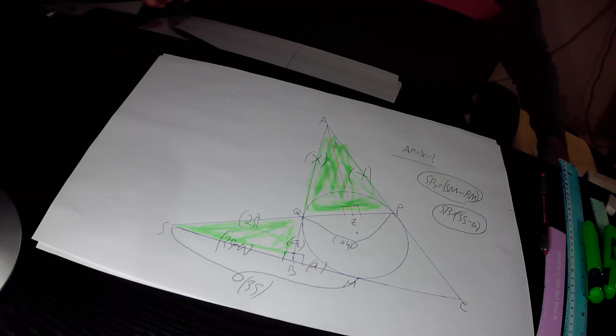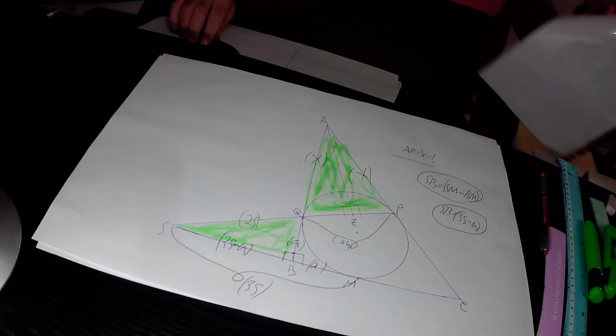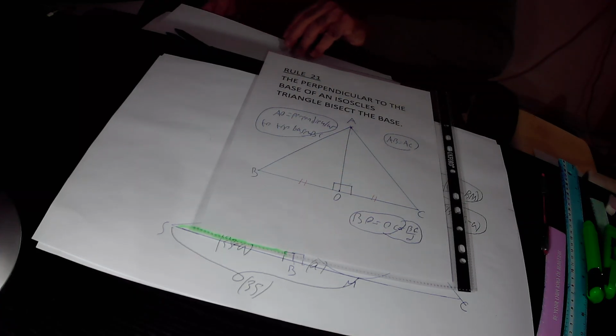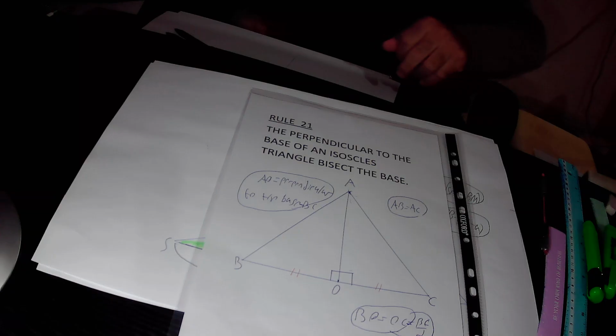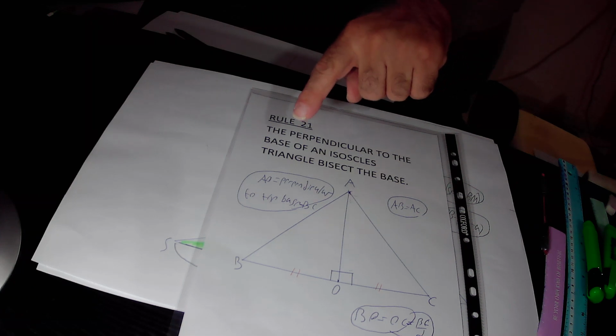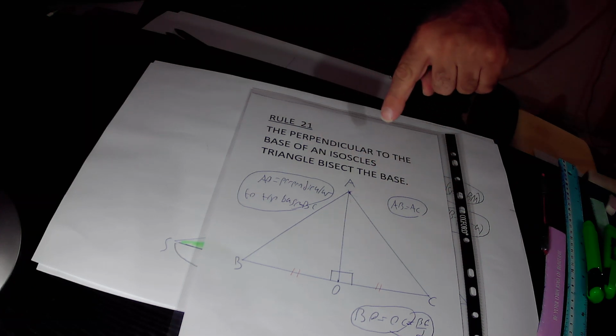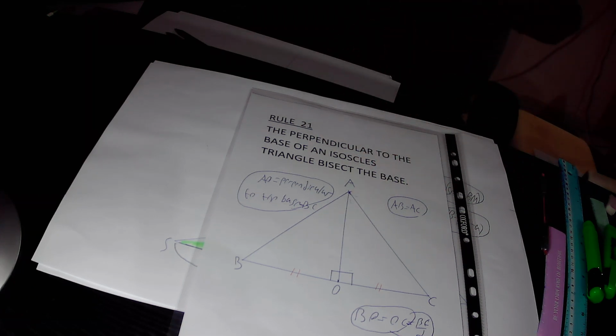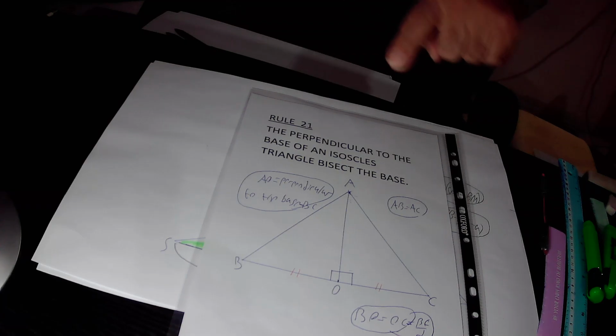Let's repeat quickly rule 21. According to rule 21, the perpendicular to the base of an isosceles triangle bisects the base. In the drawing, we have the isosceles triangle, triangle ABC. Side AB equals side AC, and therefore triangle ABC is an isosceles triangle. BC is of course the base.